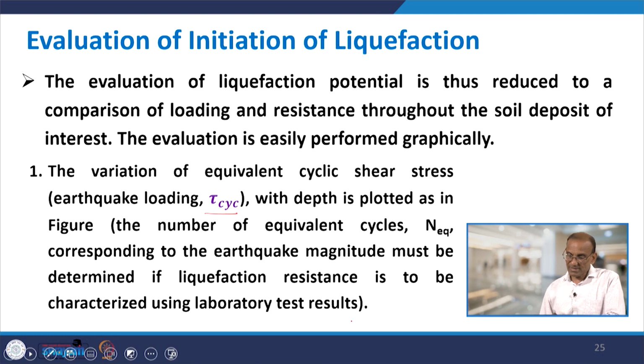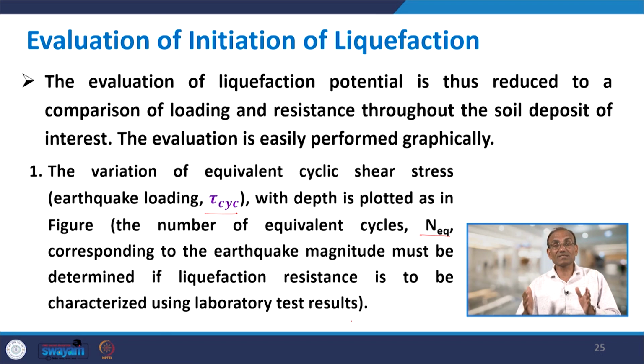The number of equivalent cycles, NEQ, corresponding to earthquake loading must be determined if the liquefaction resistance is characterized using laboratory test results. If you are using laboratory test data, then you need to determine the number of cycles, which can be found using the magnitude of the earthquake.